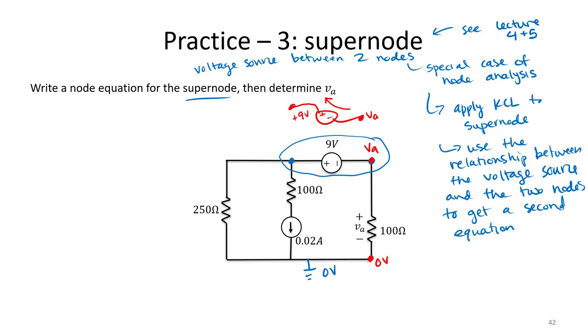Therefore, on the left-hand side of my source, I must be sitting at a voltage of VA plus 9. So by using this voltage source, I can find a relationship between those two nodes, and that can help me solve my problem.